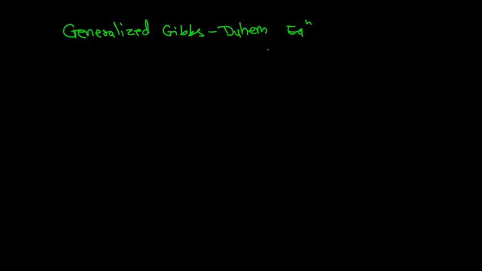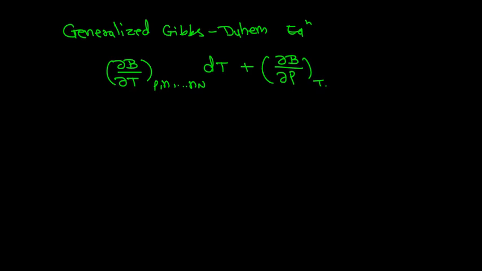Generalized Gibbs-Duhem equation would be simply del B for any property, del B by del T at constant P, N1 and capital N, dT, plus del B by del P at constant T, N1 and capital N, dP, minus summation of Ni d Bi bar equals 0.